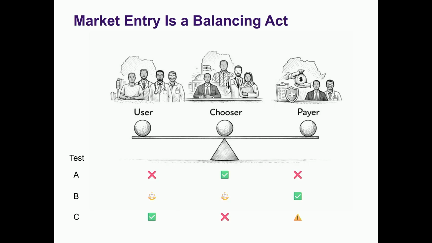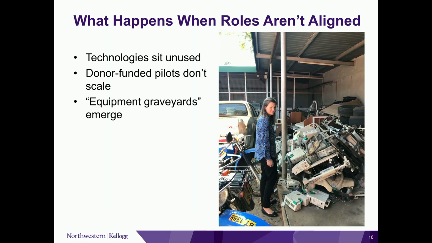But as you think about alignment of these users as you engage in your careers to make new tests, what happens if these roles are not aligned? Basically, technologies sit unused, donor-funded pilots don't scale, and then you end up with equipment graveyards, where you've optimized for one corner of either the user, chooser, or payer.